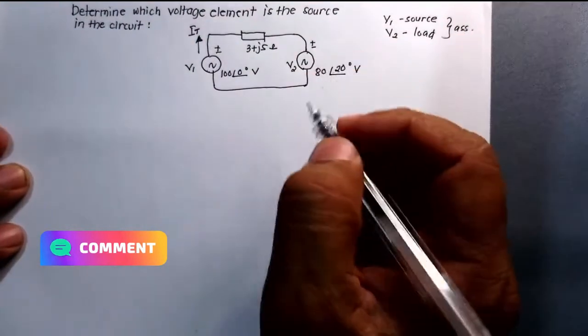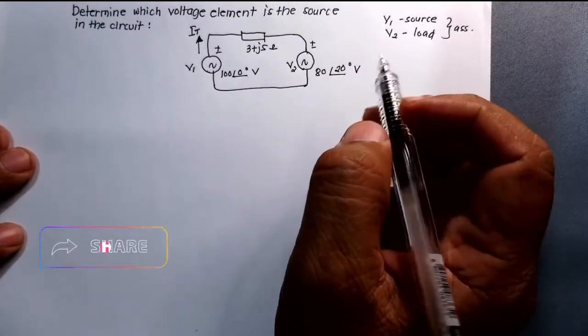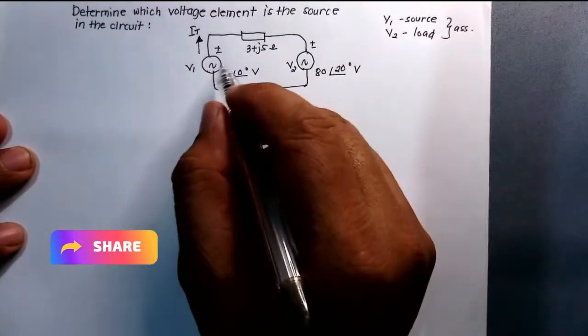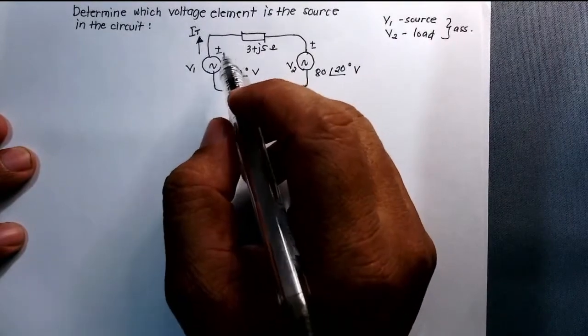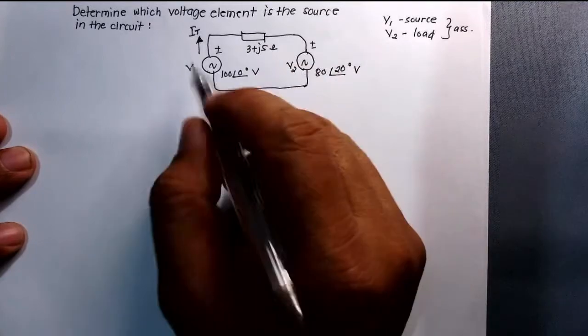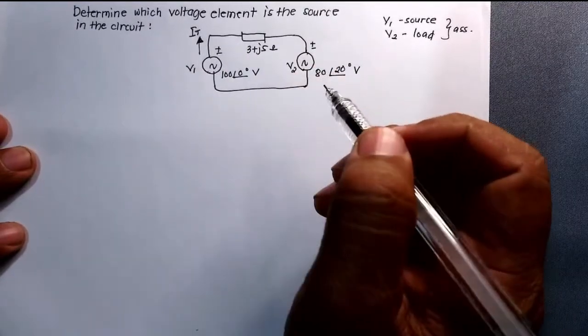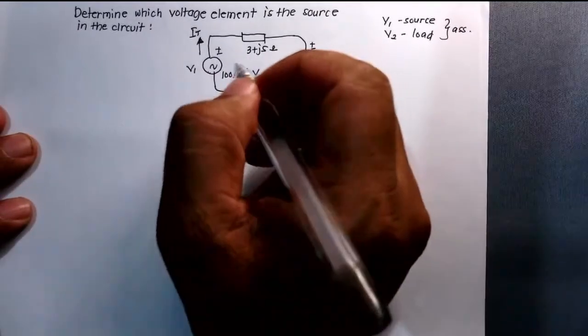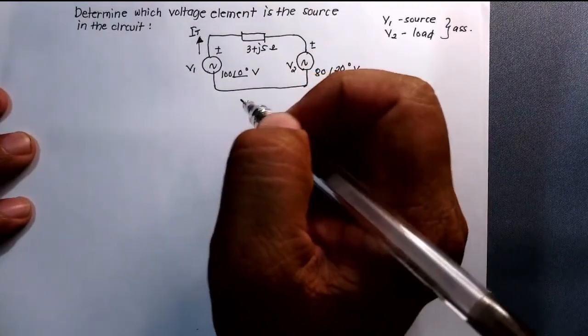we can apply Kirchhoff's voltage law, which states that the summation of the voltages in a loop is equal to 0. And we have to take note of the polarity.